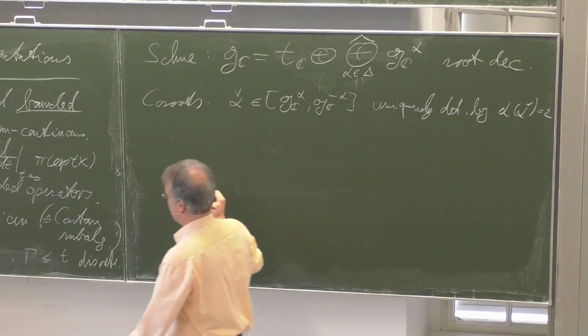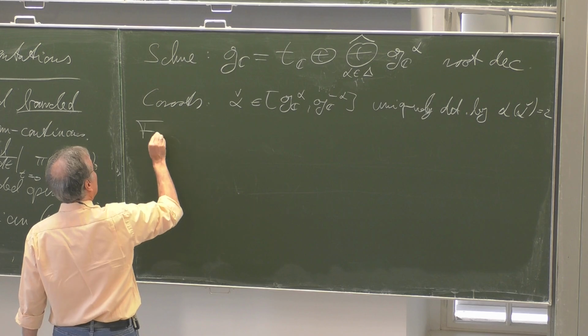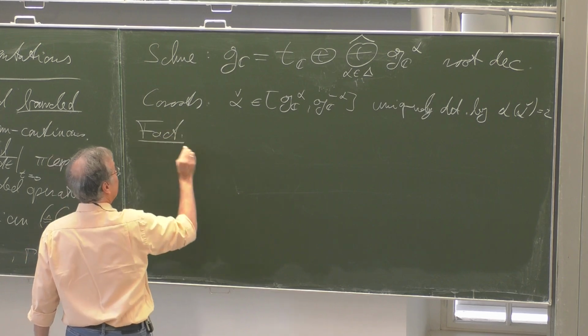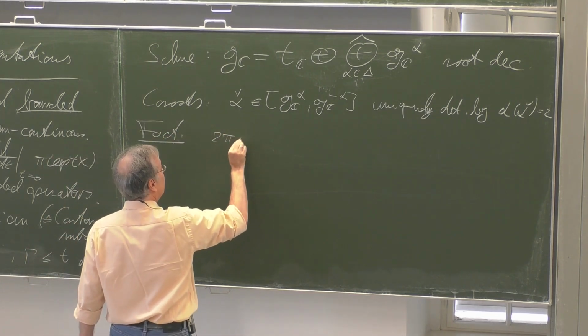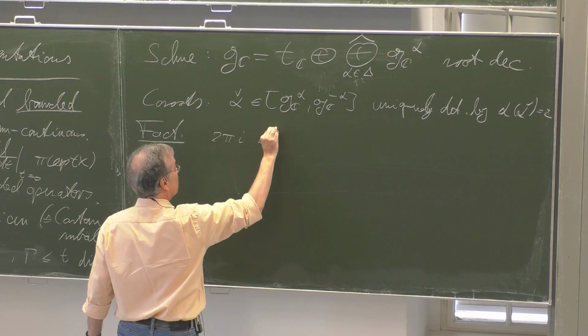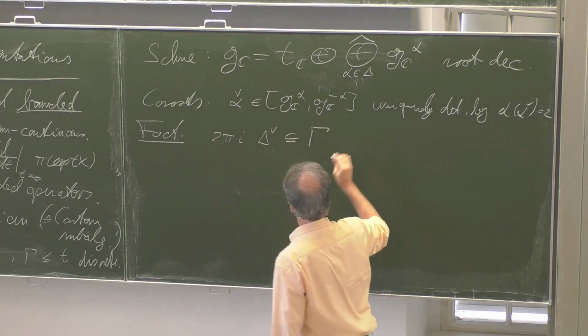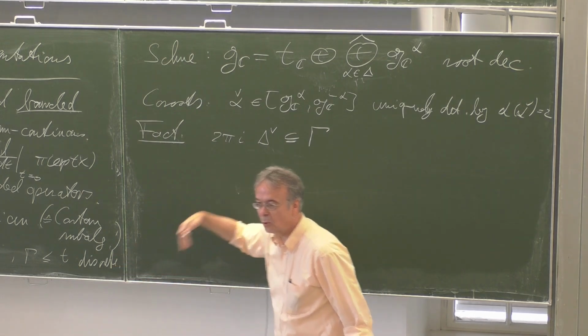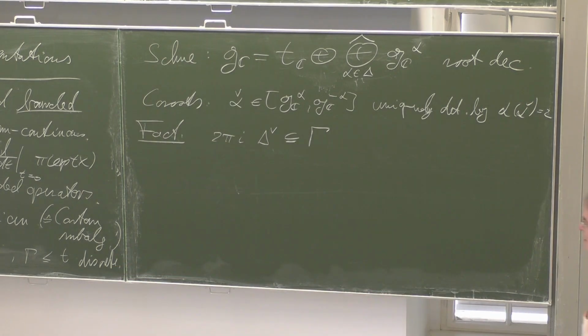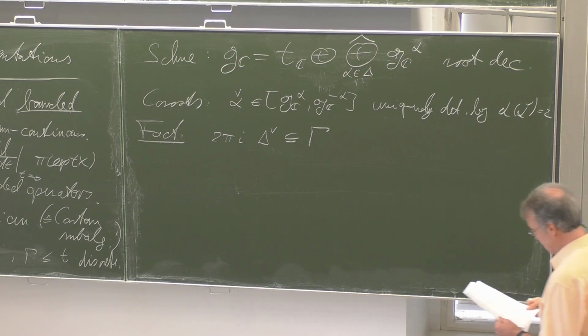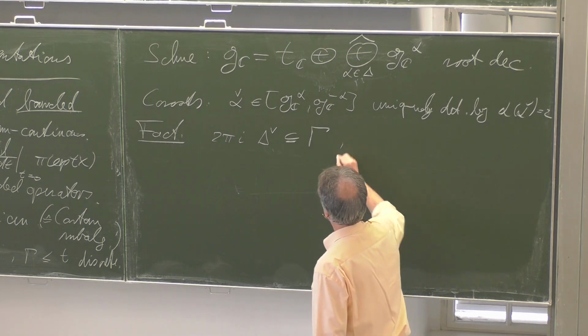And then important fact about the maximal torus is that if I look at 2 pi i times all the co-roots, this is contained in this lattice gamma that goes away when I look at the adjoint action, when I look at the exponential function of the torus.